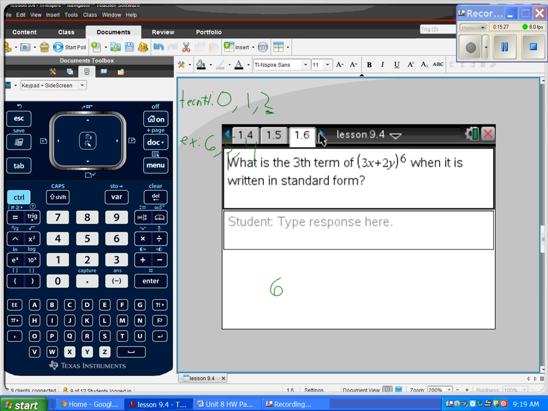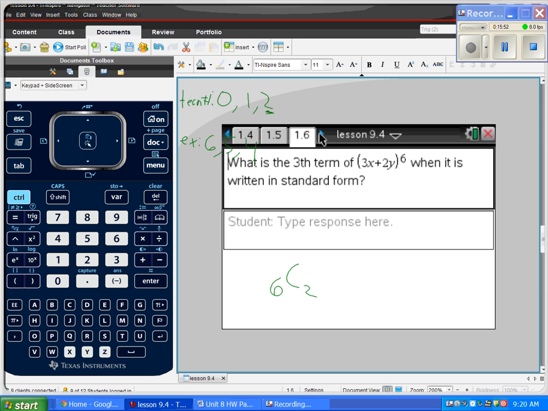It's raised to the 6 right here. This is always our n. Careful with the 6C3. Not 6C6. Not 6C3. 6C2. Why 6C2? You count the terms starting from term 0. So term 0, term 1, term 2 is our third term.